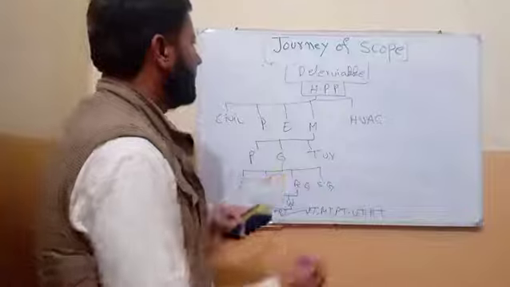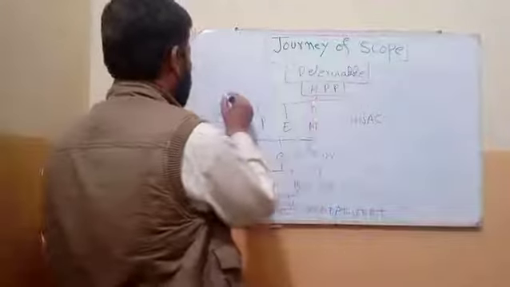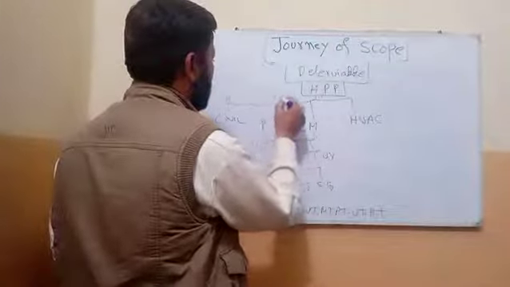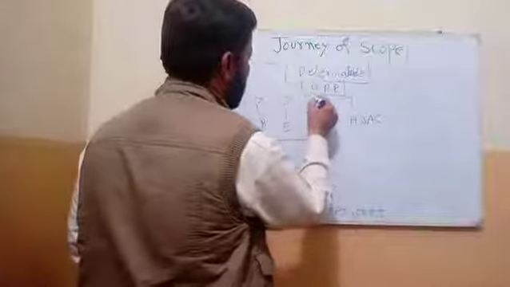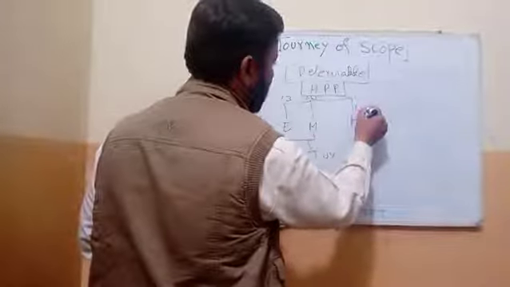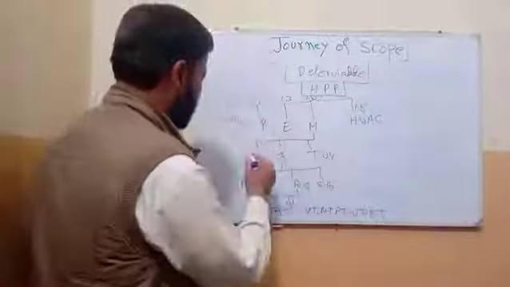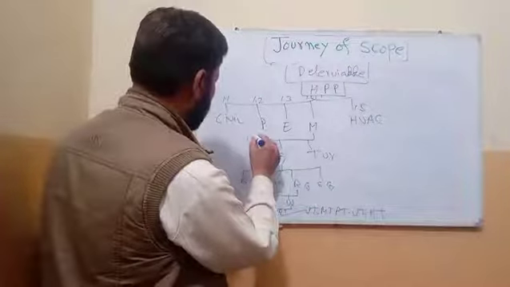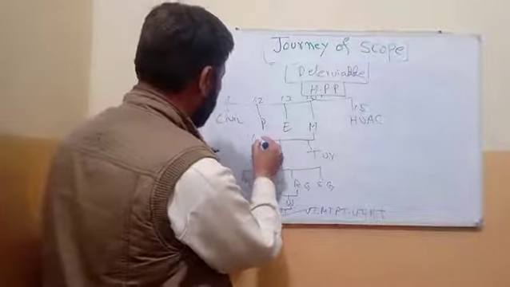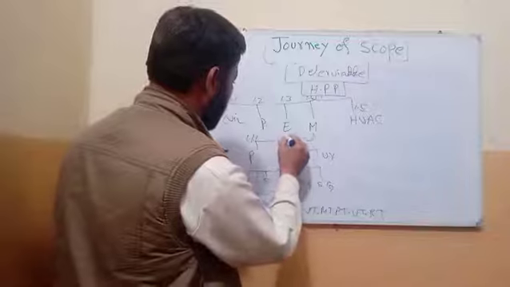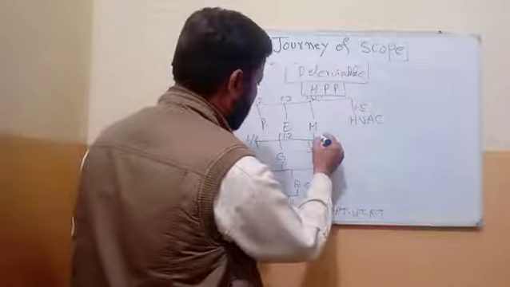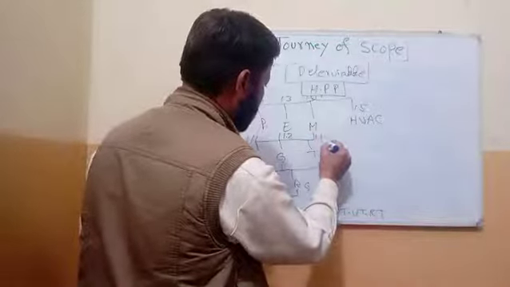Then I will give numbers. This is 1, 1.1, 1.2, 1.3, 1.4 and 1.5. Then this is 1.1.1, 1.1.2, 1.1.3.